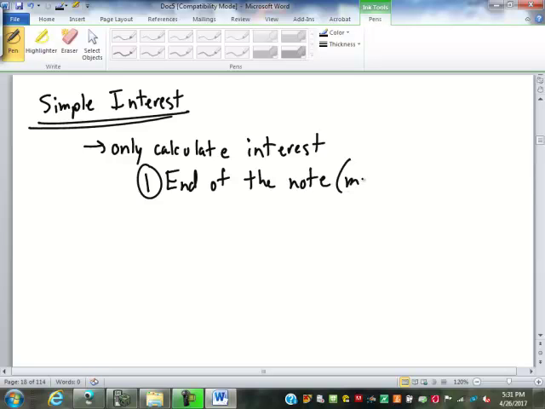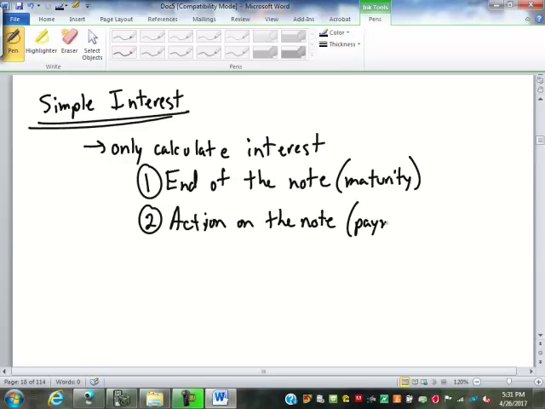In other words, maturity. Or two, there's an action on the note, which is a really fancy way of saying a payment.